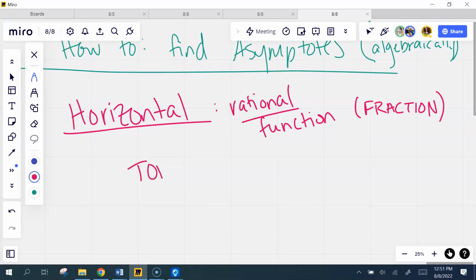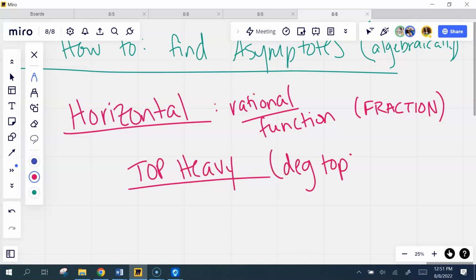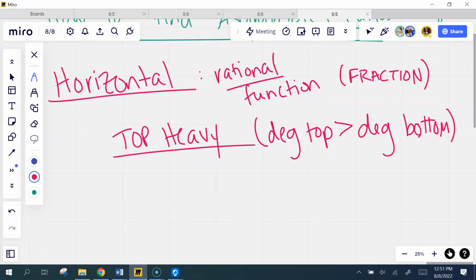If I am top heavy, in other words, by top heavy, what I mean is the degree of the top is bigger than the degree of the bottom. Do you understand what I'm saying?